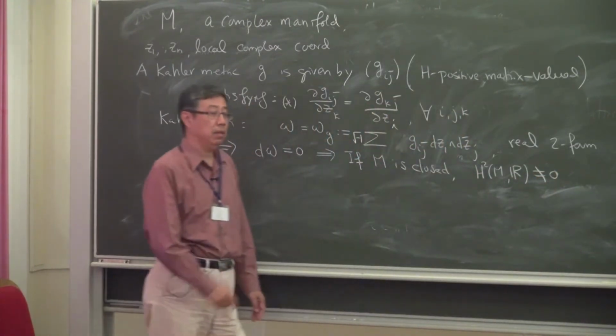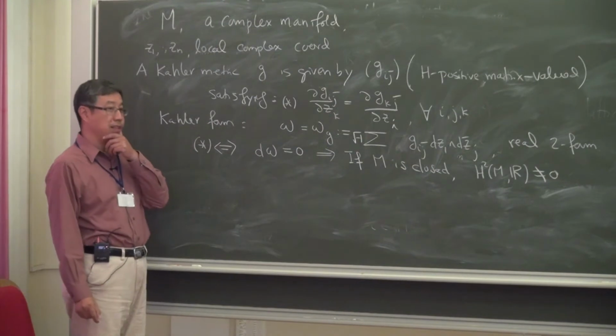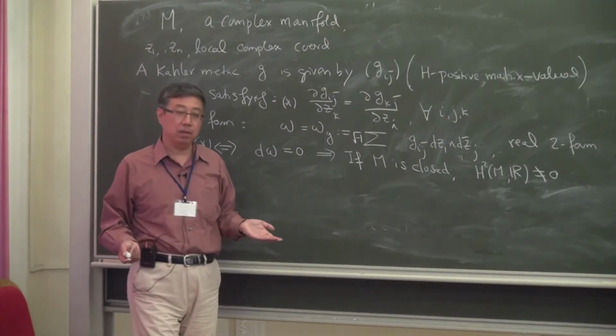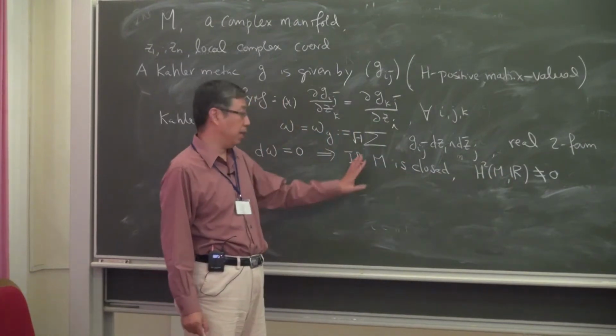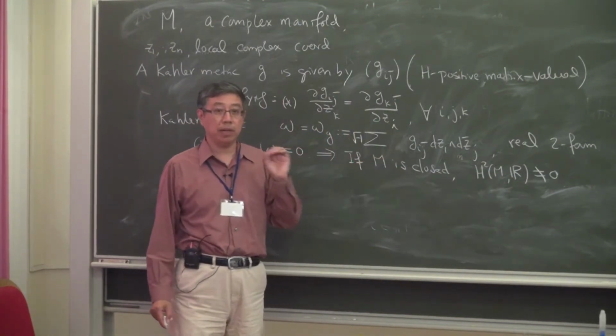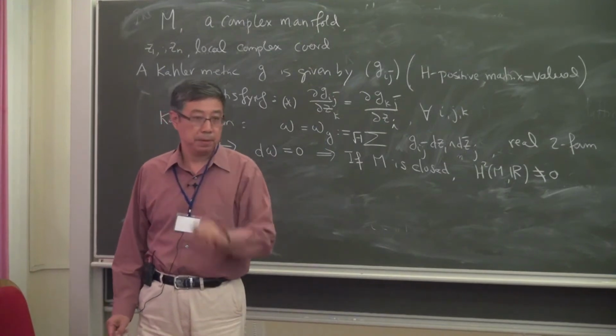It cannot be zero. So if you find some manifolds like the Hopf manifold, whose second cohomology vanishes, then it cannot support any Kahler metric. Not every complex manifold supports a Kahler metric.